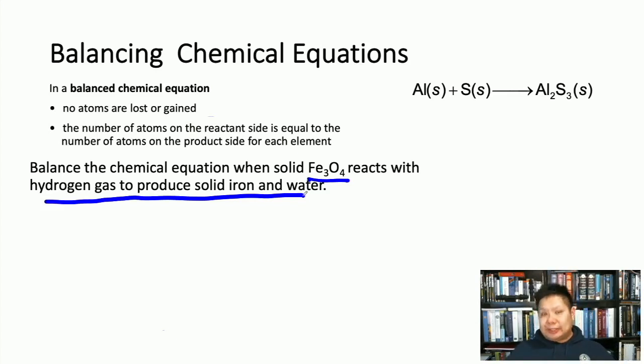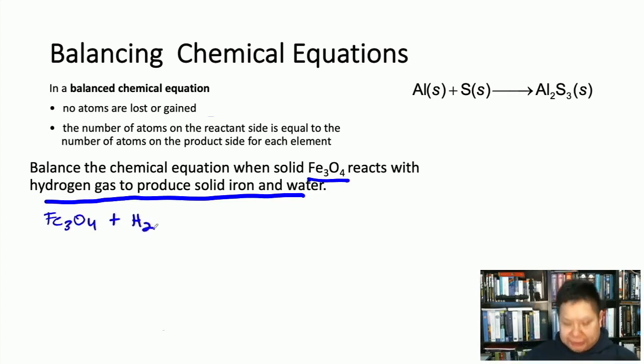It won't be balanced yet because you have to balance it yourself, but you can at least get the base equation written. It gives you the reactants right here, which is Fe3O4, iron oxide, and you're adding it to hydrogen gas. And remember, hydrogen gas is a diatomic. It's always H2, right?